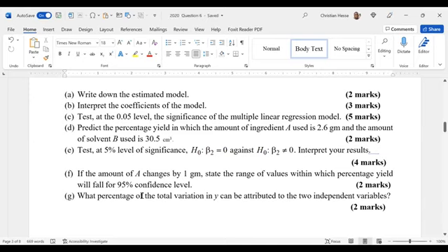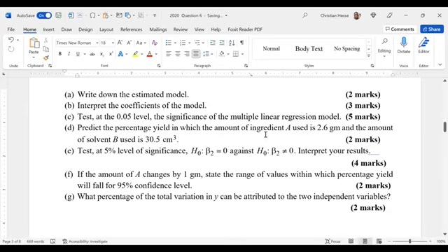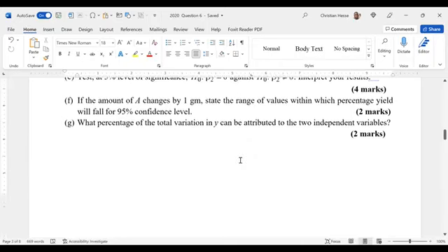It says predict a percentage yield in which the amount of ingredient A used is 2.6 grams and the amount of ingredient B used is 30.5 centimeter cube. So it means we are going to put X1 to be 2.6 and X2 to be 30.5 and predict the value of Y, that's all.